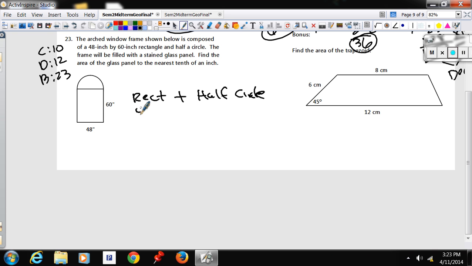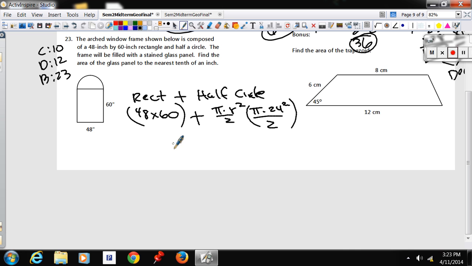So the rectangle is 48 times 60. And the half a circle is going to be pi times r squared divided by 2, which is going to be pi times 24 squared divided by 2. And I want to add the two answers together.